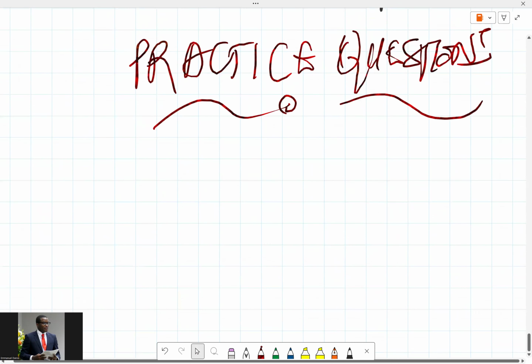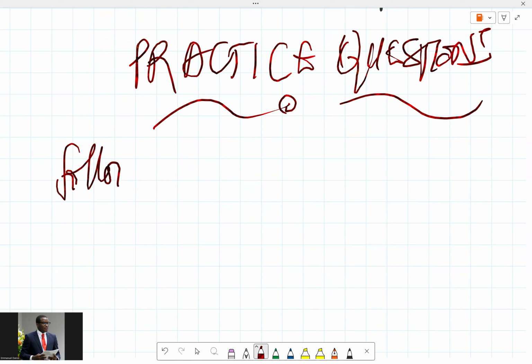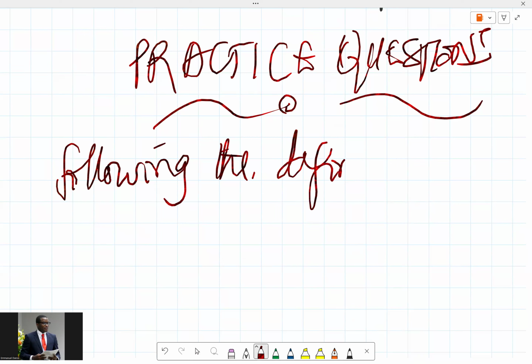So I can just say, prove, following the definitions. What I mean by definition is, for instance, the forward difference operator is something like f of x plus h minus f of x. That's the forward difference.